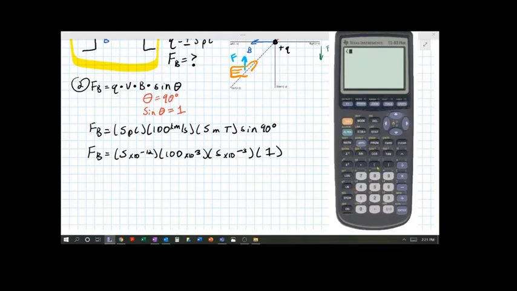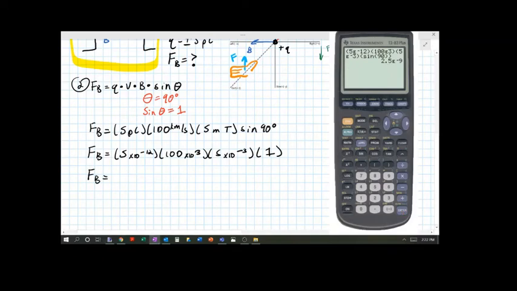So don't forget your parentheses. 5 times 10 to the negative 12th times 100 times 10 to the third times 5 times 10 to the negative third times the sine of 90, which is just 1. We don't really have to put that there. We're just multiplying times 1, but that's how it would all look in the calculator, and that's what it should give us.